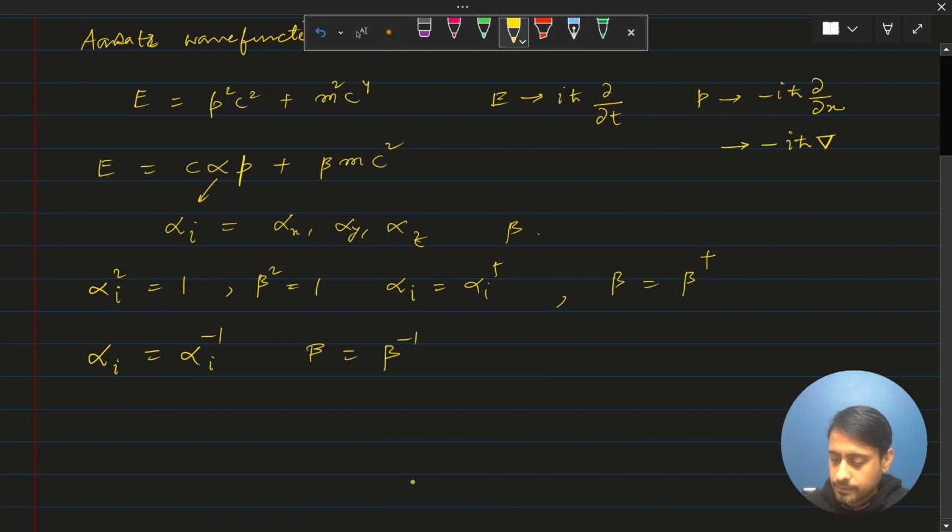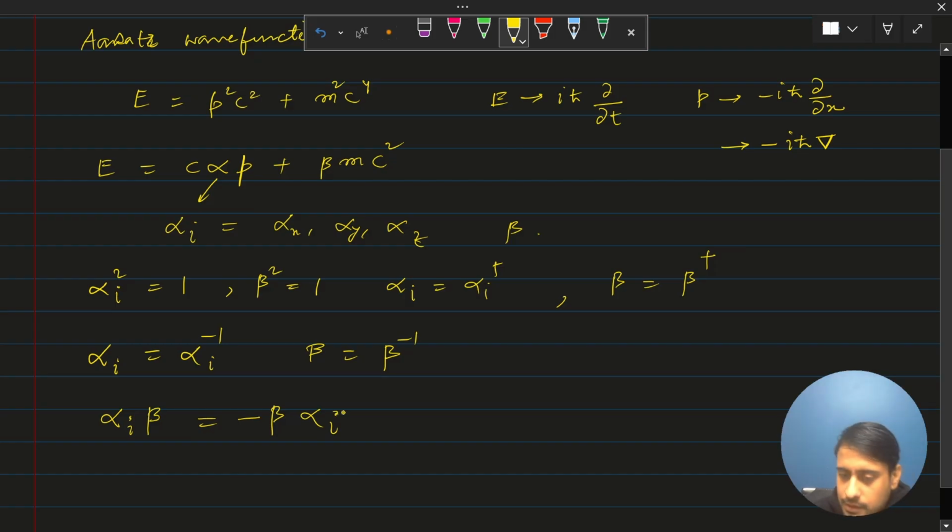Then we arrived at the result that alpha i beta is equal to minus beta alpha i, valid for all x, y and z.